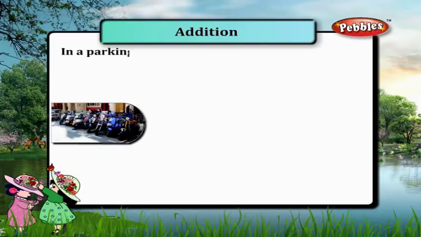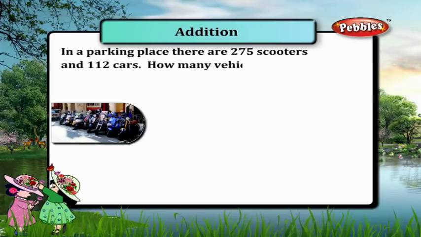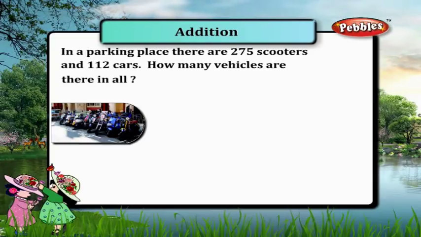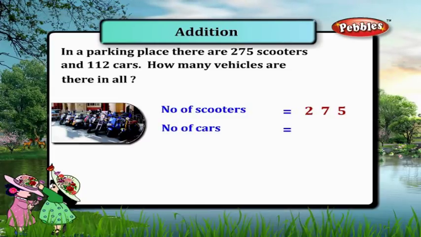In a parking place, there are 275 scooters and 112 cars. How many vehicles are there in all? Number of scooters is equal to 275. Number of cars is equal to 112.